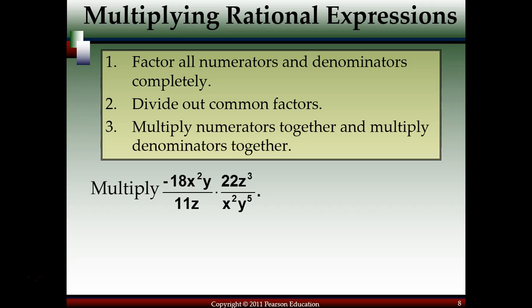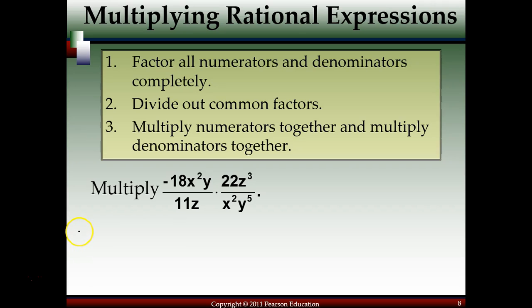That's why in the previous chapter, we factored a lot. All right, so factor, then divide out common factors, and then multiply the numerators together, and then multiply the denominators together, and you're done. So on this example that I have, let's do this one now.